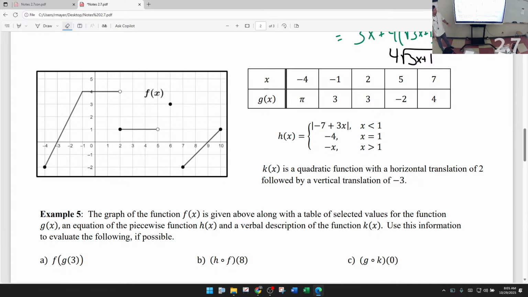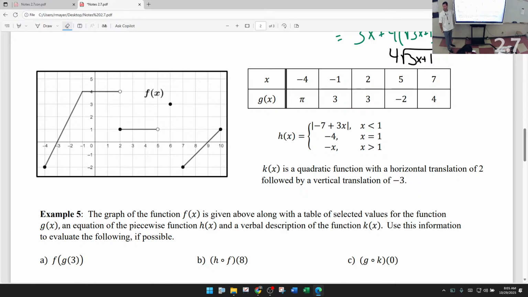All right, this one, we're starting to get up there a little bit. Recognize what this is. F is a piecewise function. It's got linear, constant, constant, linear, a point, whatever. It could be 1, 2, 3, 4, 5 pieces.